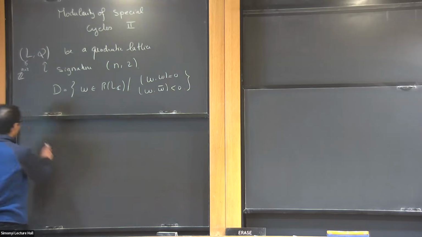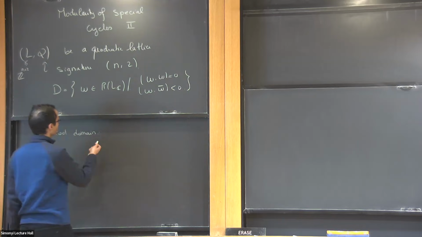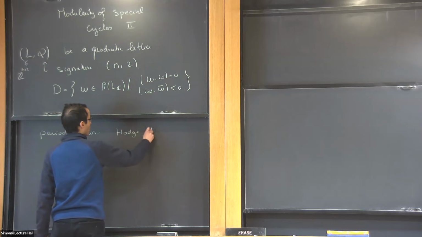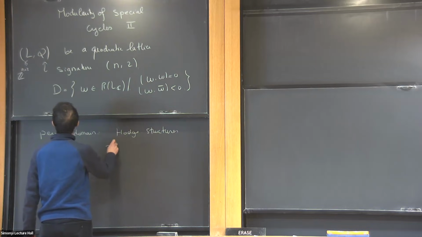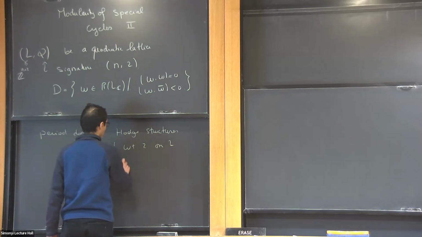So this was the period domain, and it parameterizes Hodge structures of weight 2 on this L that are polarized by Q.